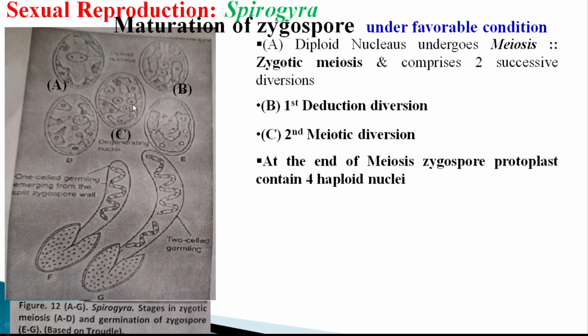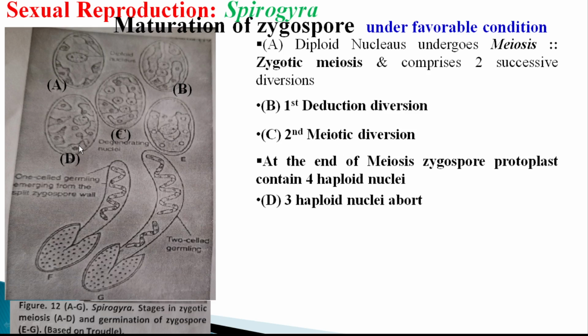Now at the end of this meiosis of the zygospore, the protoplast you can see here in stage C consists of 4 haploid nuclei, and out of these 4 haploid nuclei, 3 of them get aborted. As you can see here in diagram D, only one is functional, and the rest of them get aborted. So this is a very important part.